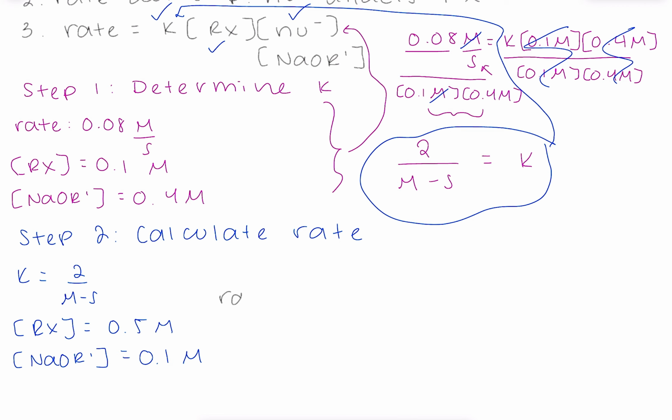The rate is therefore going to be 2 over molarity seconds, put in parentheses, times 0.5 molar times 0.1 molar. One of these is going to cancel out.